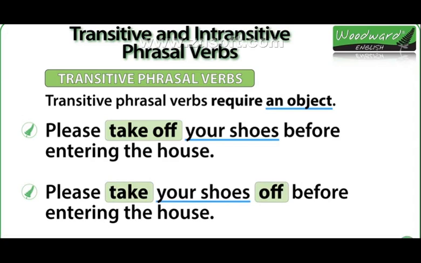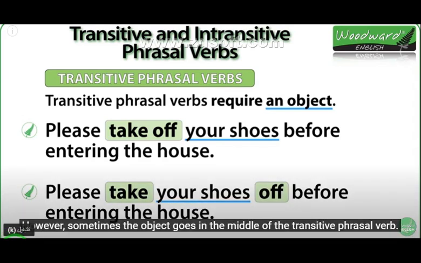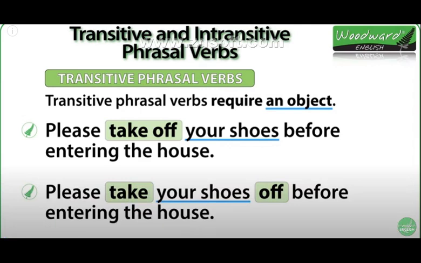Okay, now we can add the object in the middle of the transitive phrasal verb. We can say please take off your shoes, and we can say please take your shoes off. With a transitive phrasal verb we can add the object in the middle, between the verb and the preposition.